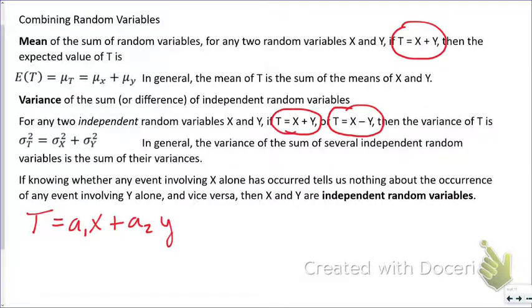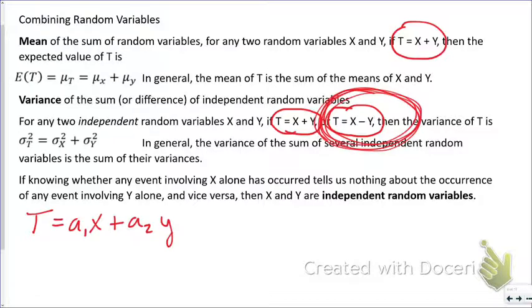So, like up there in that t function, a1 would be 1 and a2 would be 1 because the coefficients are 1 up there. But on this second function that I have circled a bunch of times, y's coefficient is negative 1. So it's kind of hard to see the variance and why we end up with positives.